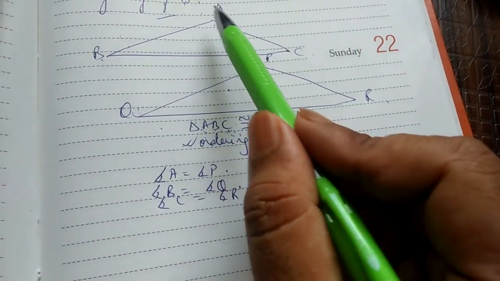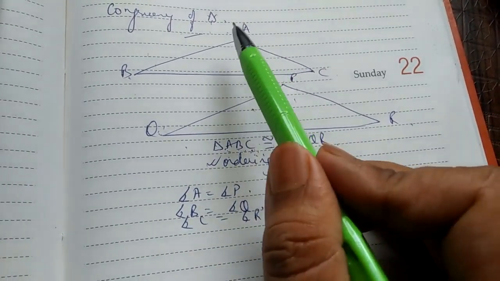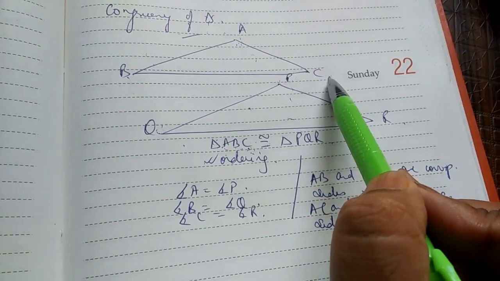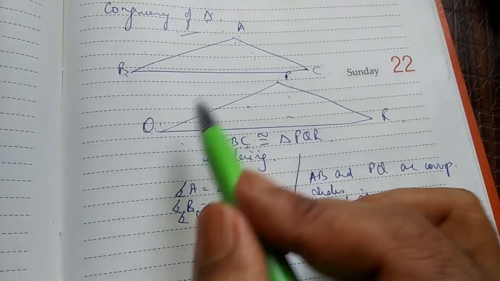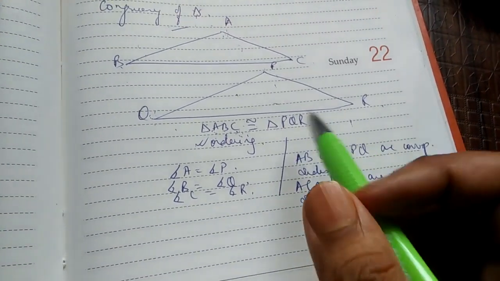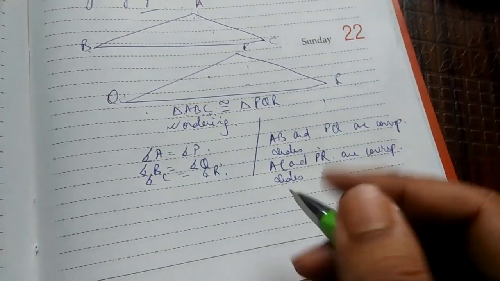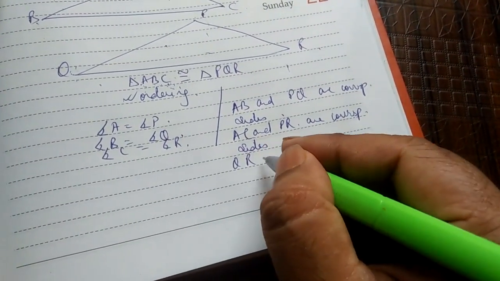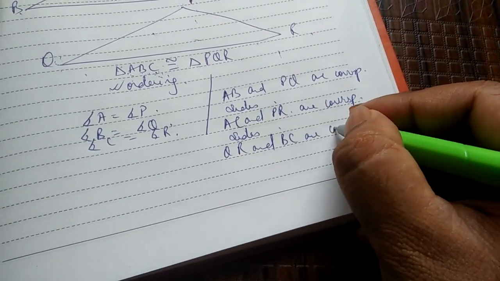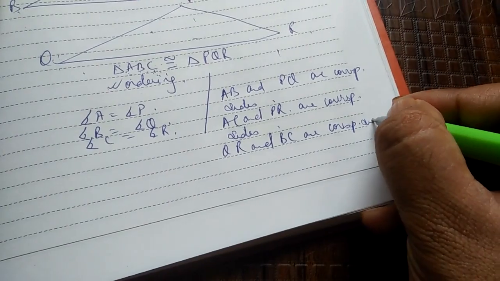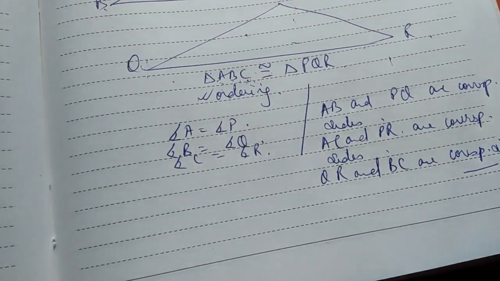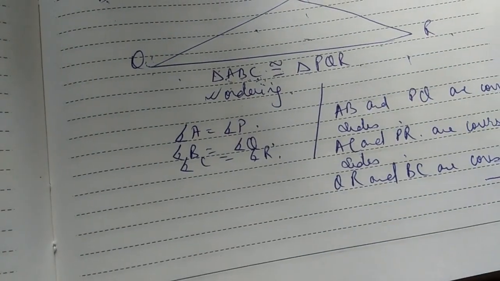ABC means we start from A, we go to B, we reach C. PQR, we start from P, we go to Q, we reach R. Simple enough. QR and BC are corresponding sides. Nothing so difficult about it.